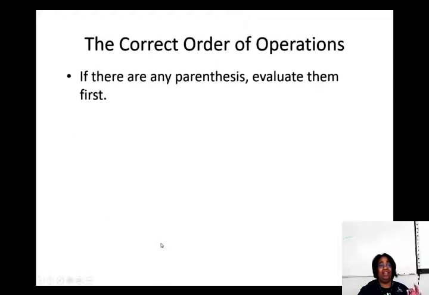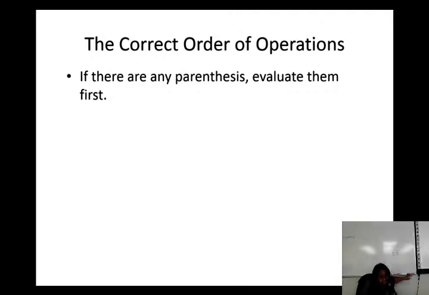Now, if there are any parentheses, sometimes you see brackets, or you might see a bracket that looks like this, or like this. Those are treated just like parentheses, okay? Typically you'll see these parentheses, but you might see something that looks like these as well. And you want to go to that first, all right?